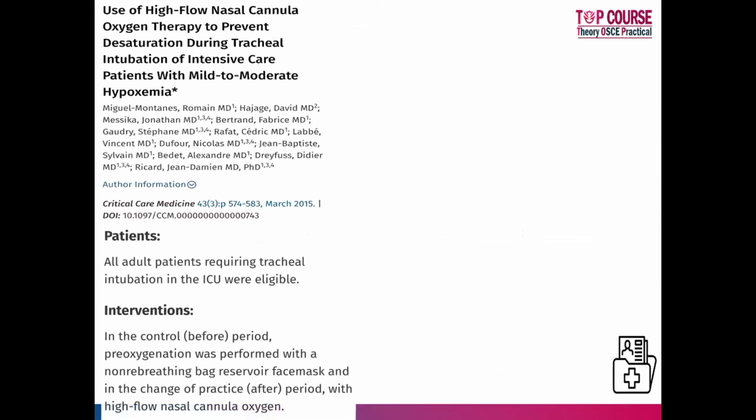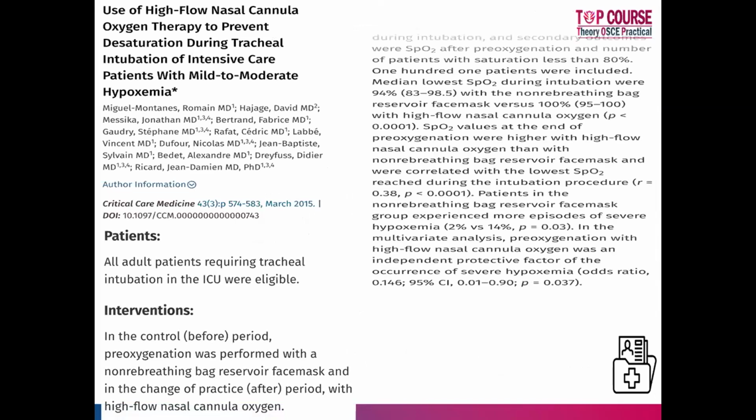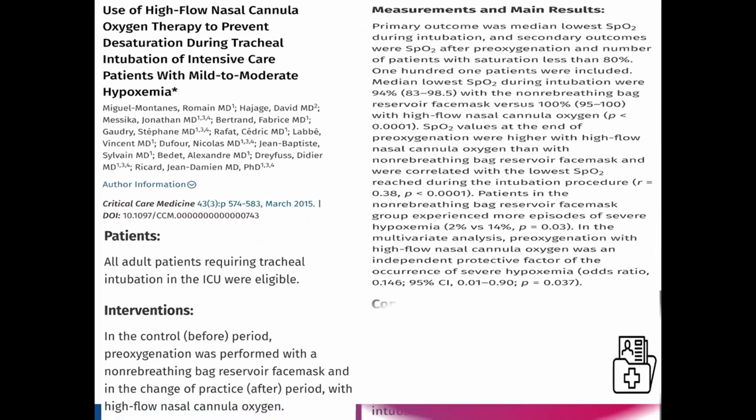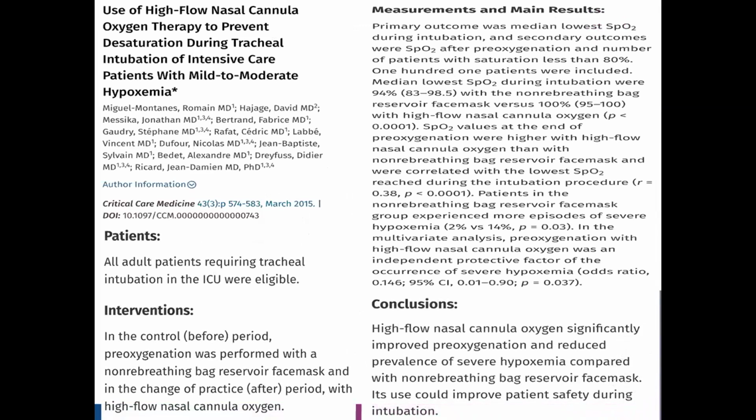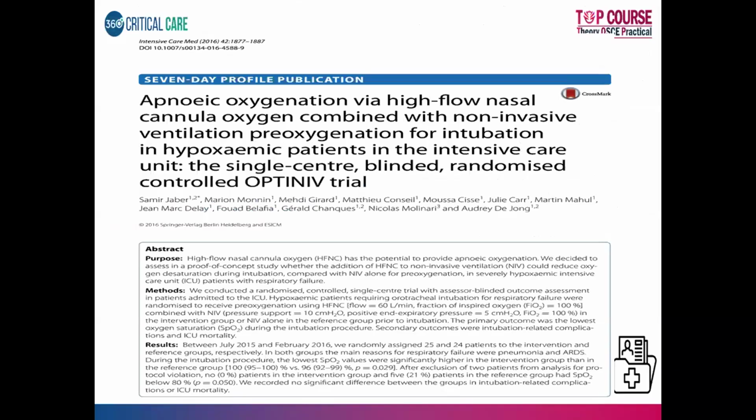They used the NRBM mask and HFNC in pre-oxygenation, and showed that HFNC significantly improved pre-oxygenation and reduced the prevalence of severe hypoxemia compared to NRBM. So it could improve patient safety during intubation. This was a positive trial, but it is better to use it only in mild to moderate hypoxemia.